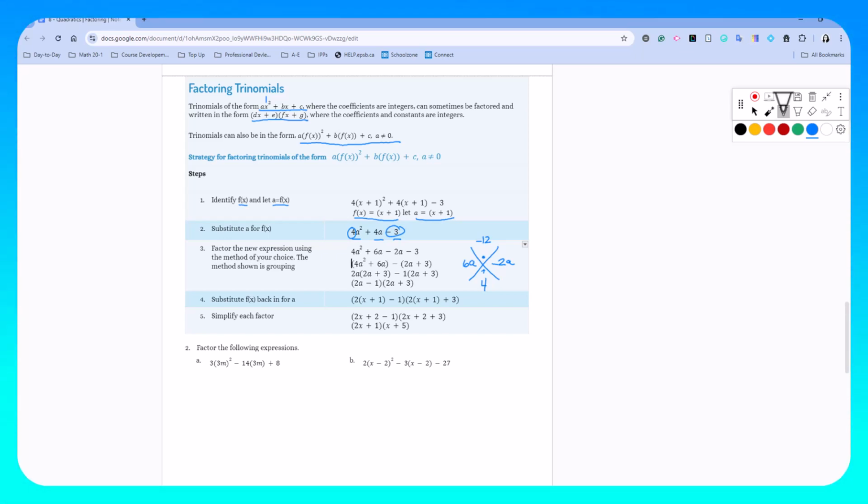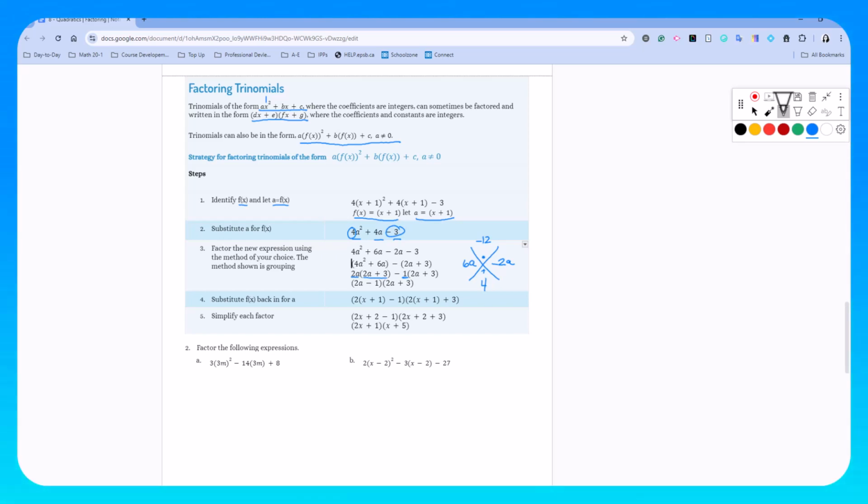So now I have these two terms, and I'm going to factor out any common factors. In the first one, I have 4a squared plus 6a. I'm going to take out a 2a, and that leaves me with 2a plus 3. Over here with this 2a plus 3, I can't factor anything out, so I'm just going to put a 1 in front.